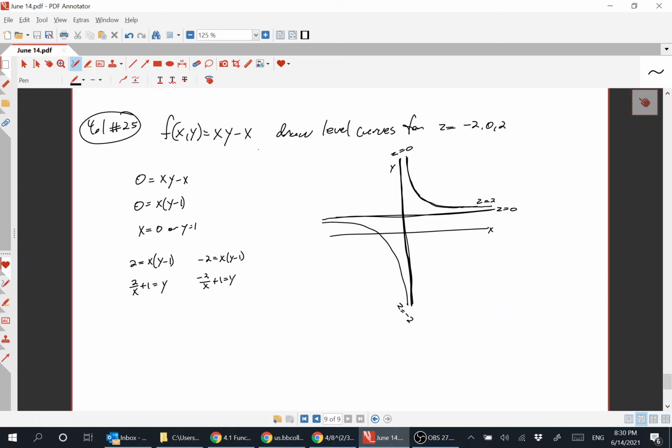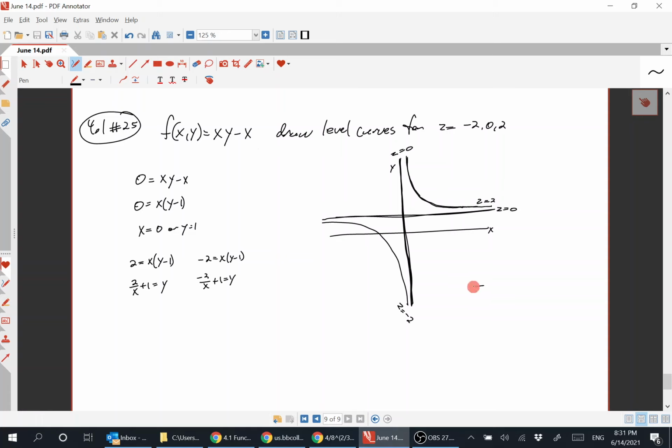You guys remember? The gradient and the level curves are always what? They were always perpendicular.